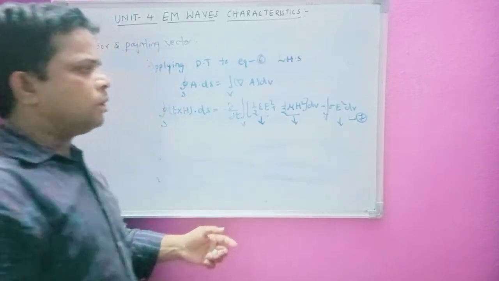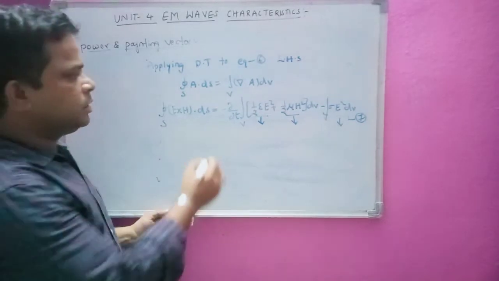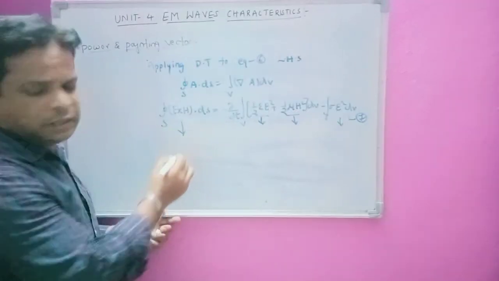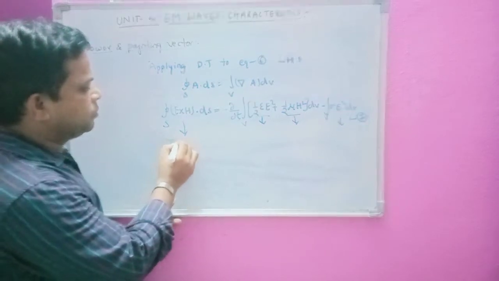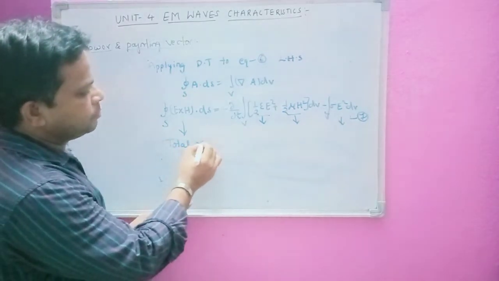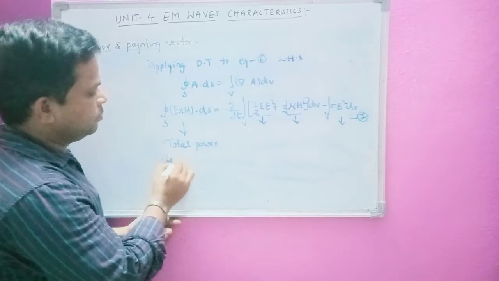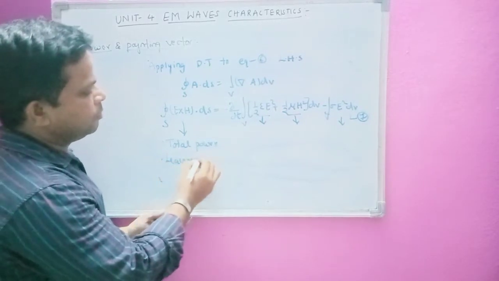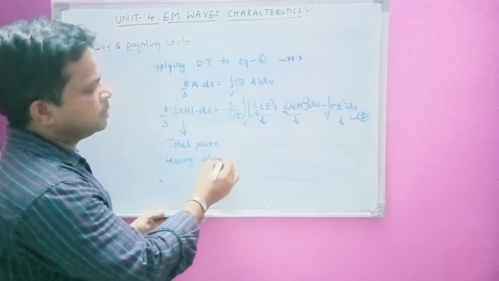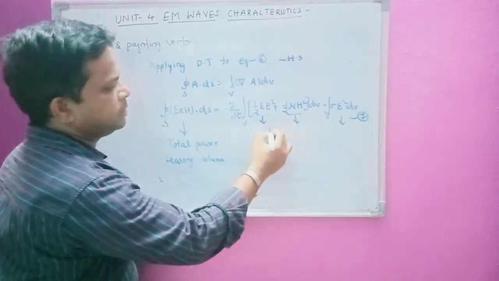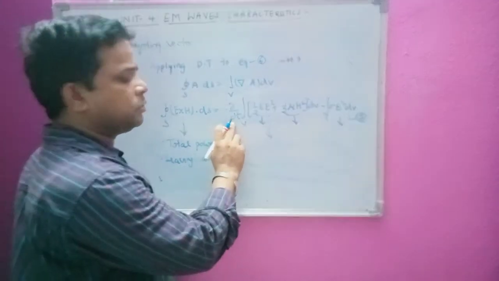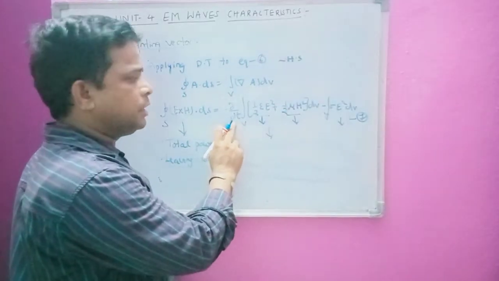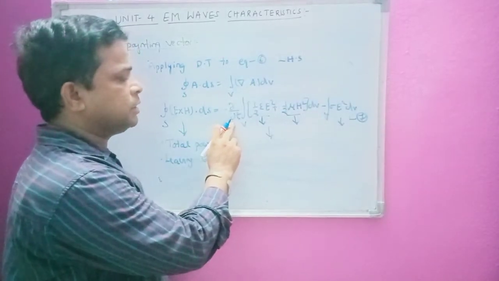Now I am going to consider the left side as the total power leaving the volume, and dou by dou t as the rate of decrease of energy.